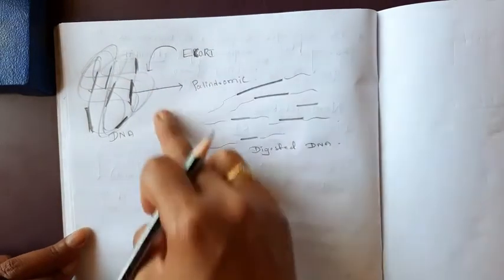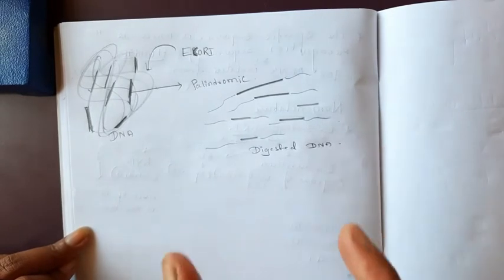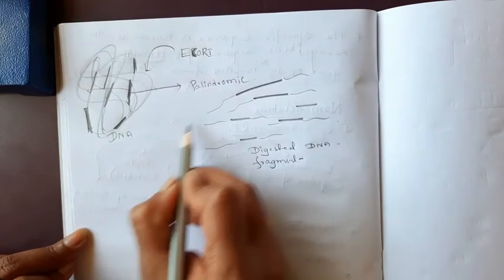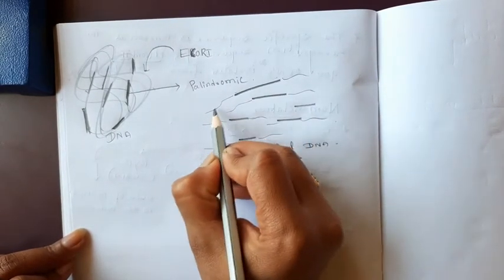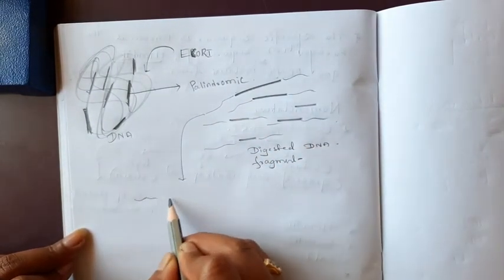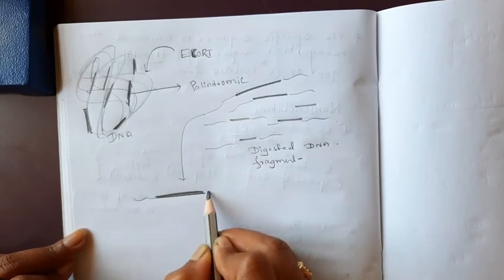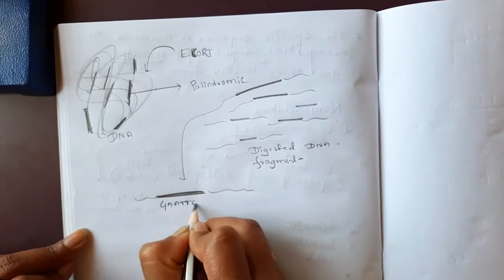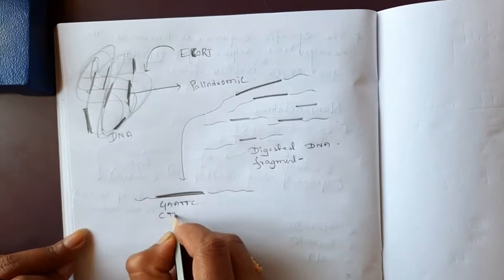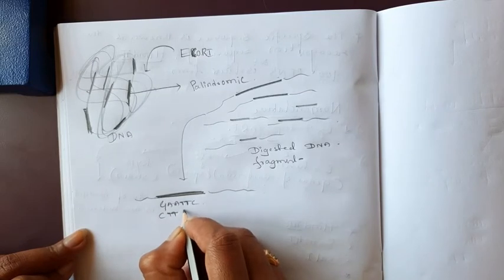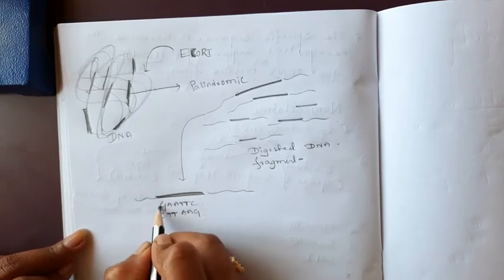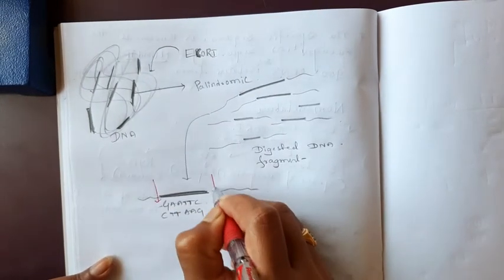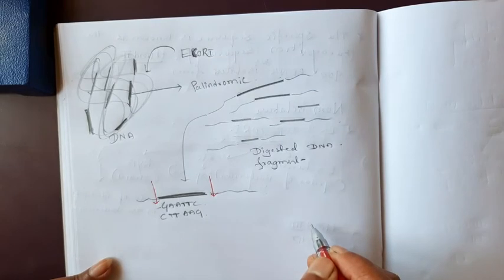After addition of EcoR1, it will give DNA fragments. Suppose I consider this sequence only: GAATTC, CTTAAG. Consider that EcoR1 will cut this fragment.